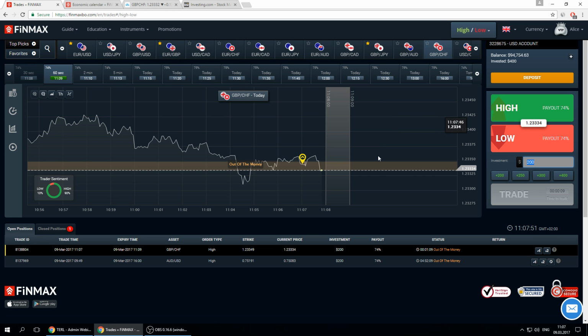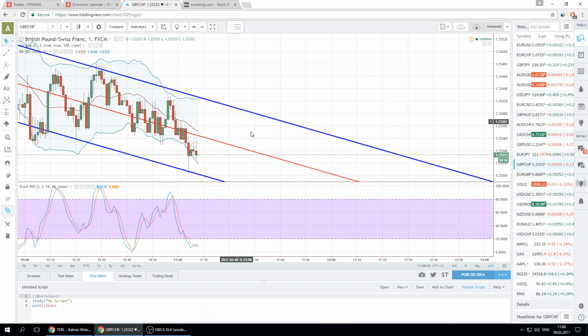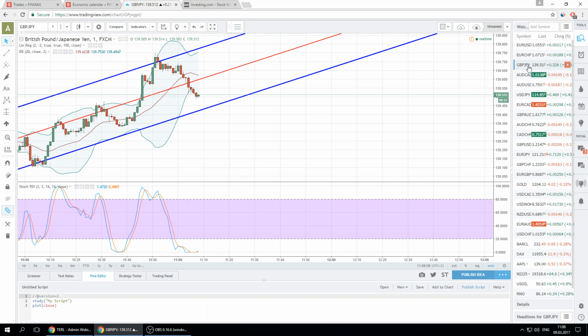Let's prepare for the second trade. As we see, the situation has changed on the market, and right now we see the red candles. Let's see what we have here. Also there is pretty good potential within the short range for the British pound to grow.